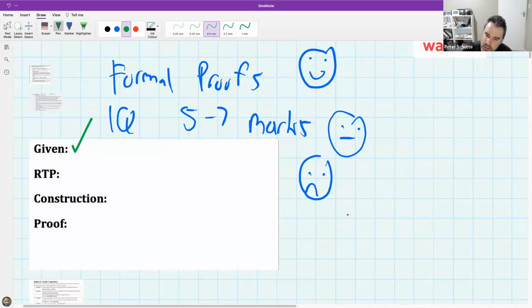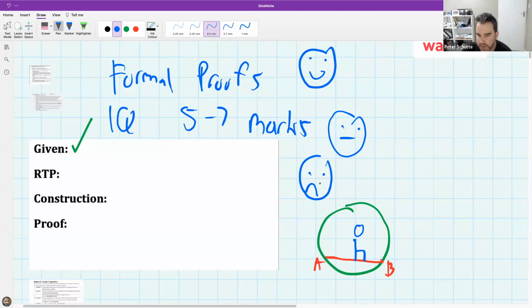Maybe you'd be given a circle with center O, and a chord AB which is perpendicular to something, let's make this a C. That could be the initial information.